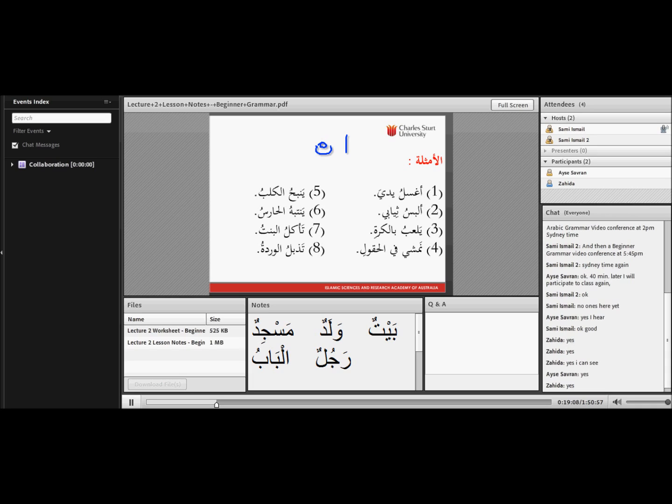Alif, noon, and then the next one is a ya. So it should have 2 dots in the bottom. Okay, I think you get the point. And then the ta. So these 4 letters start a fi'l mudari', which is a present tense verb.